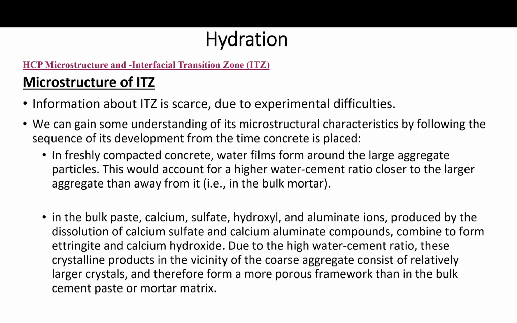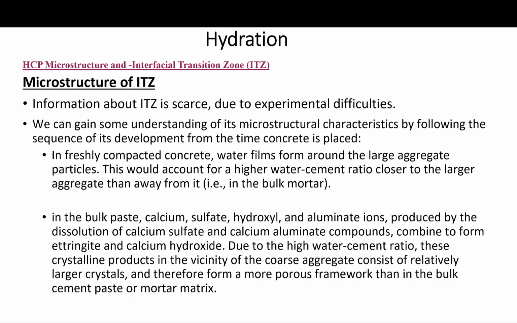Next, in the bulk paste, calcium, sulfate, hydroxyl and aluminate ions produced by the solution of the calcium sulfate and the calcium aluminate compounds combine to form ettringite and calcium hydroxide.